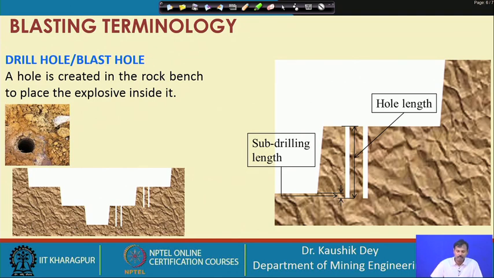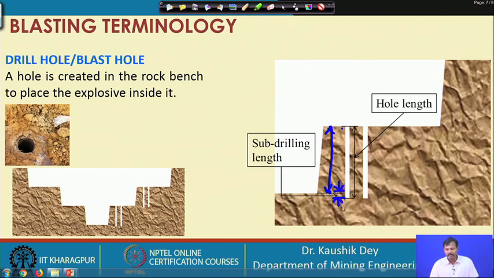And if you see this figure, this is the drill hole, and this is the bench height, and the drilled hole length is a little bit more than this bench height.